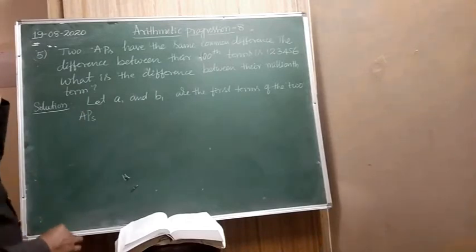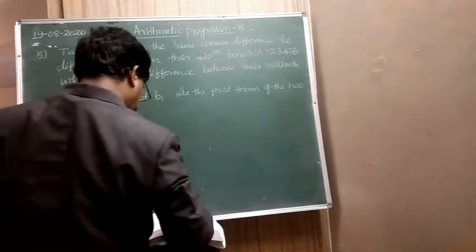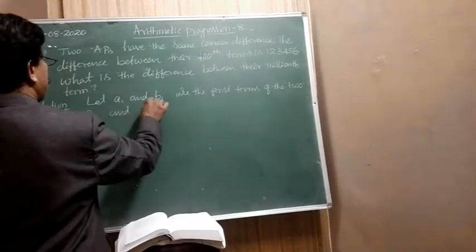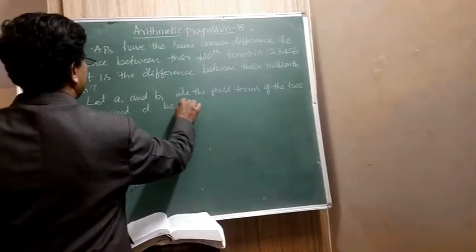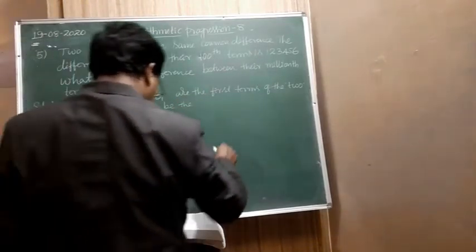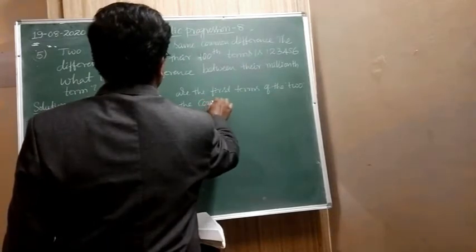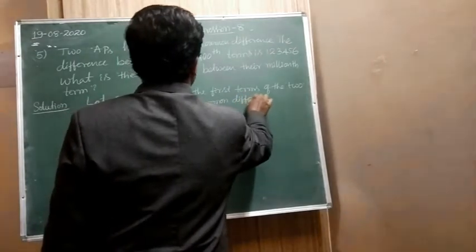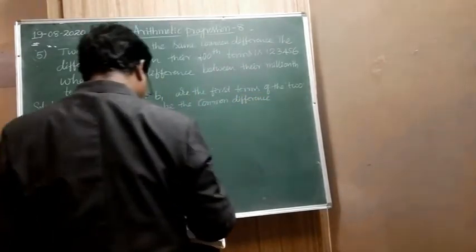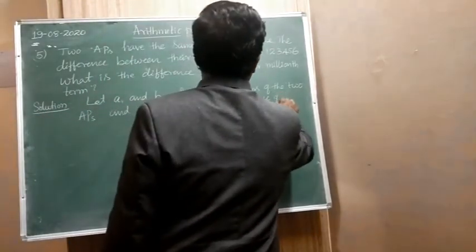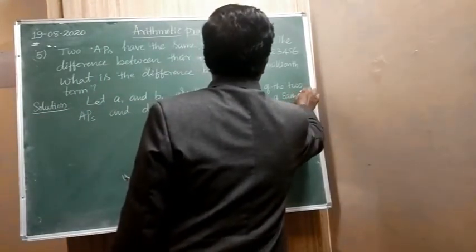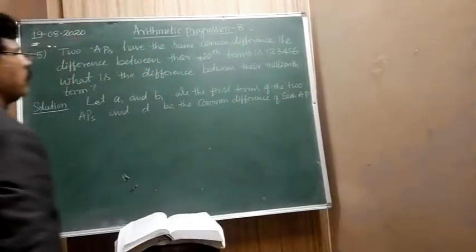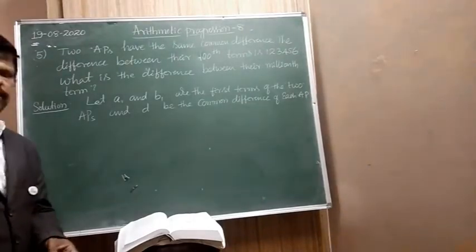Here, first you write down like this. And let d be the common difference of each AP. Clear how to write?